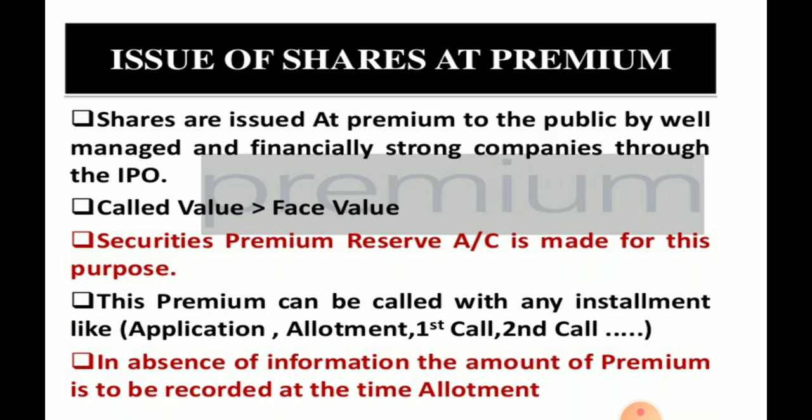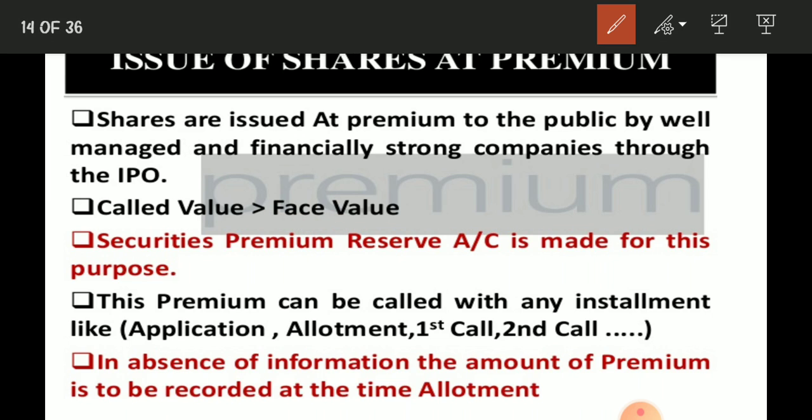Issue of share at premium. Shares are issued at premium to the public by well managed and financially strong companies through IPO, initial public offer. When the called up value is more than face value, then it is called issue at premium. Like in the previous example, the rate of share is 10 and you issued at 12.